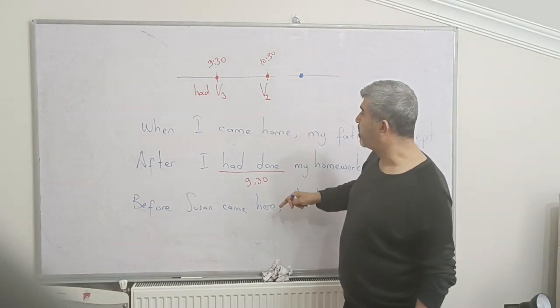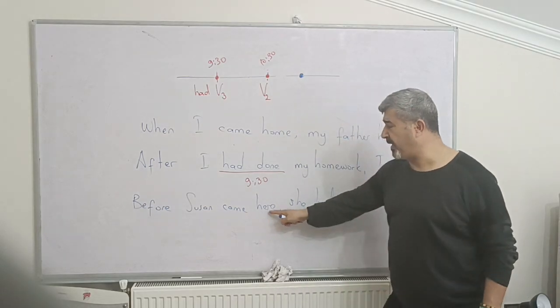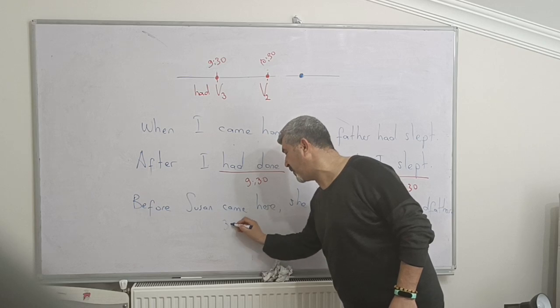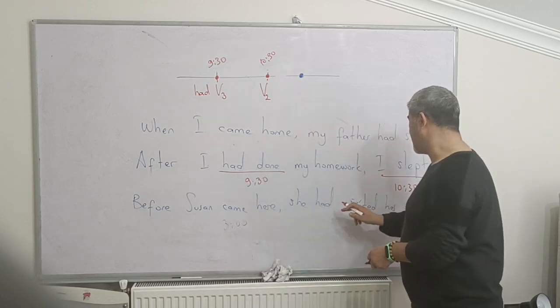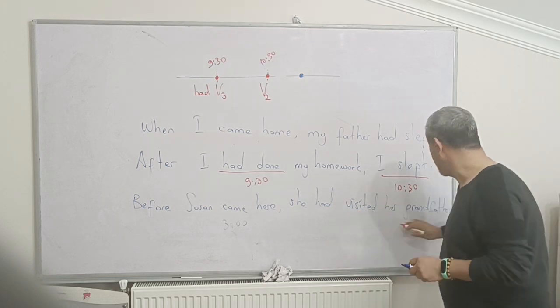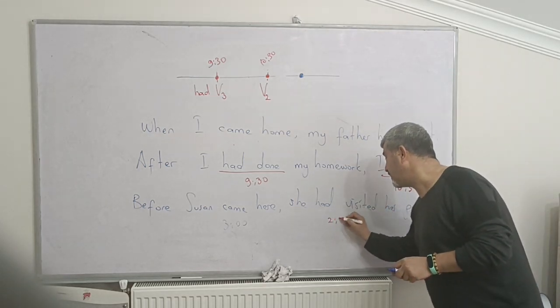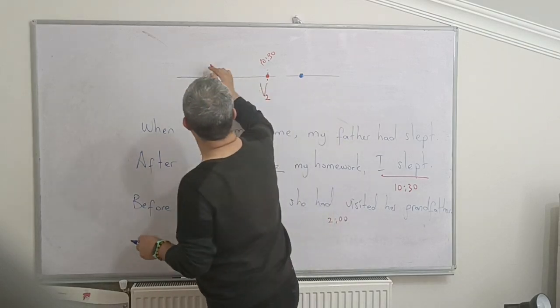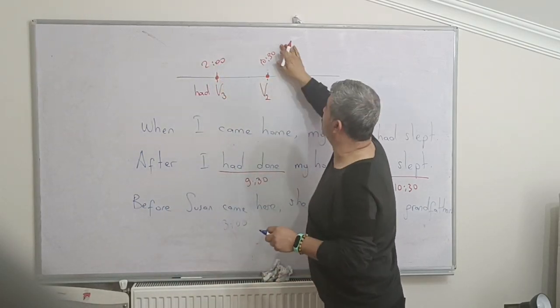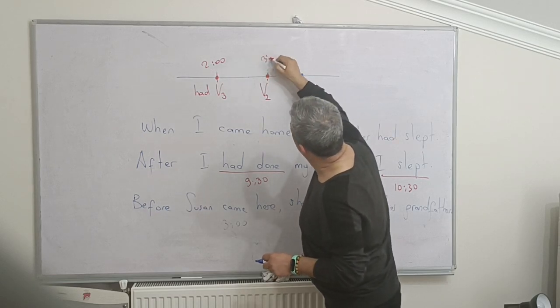It means that Susan came here. What time did Susan come here? Let's say she came here in the afternoon at 3 o'clock, and before she came here, she visited her grandfather at 2 o'clock. After she visited her grandfather, she came here at 3 o'clock.